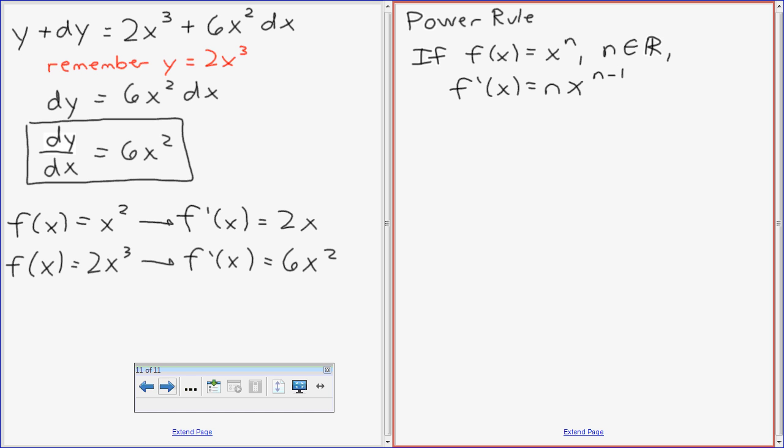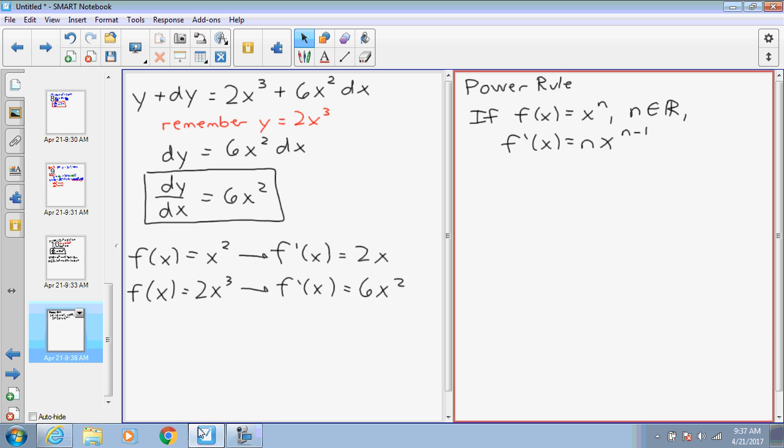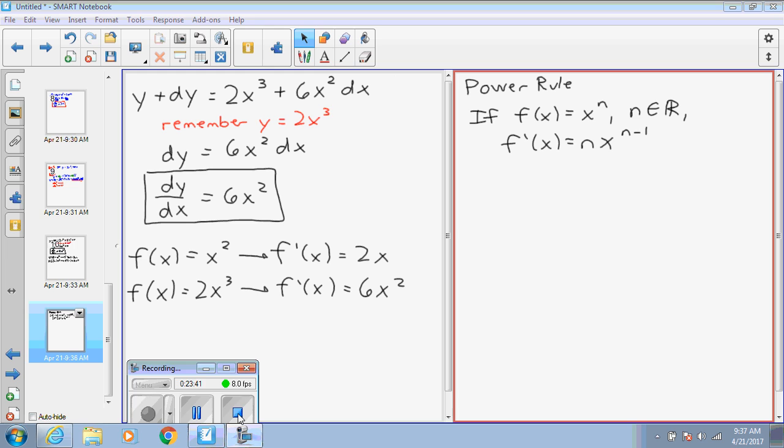We'll prove this one here in a second. Okay, but that's very powerful. While I'm pausing this, if you look at our warm-up, 5x cubed, what we did was 5 times 3 was 15, and then the power comes down from cubed to squared. All right, so this is actually really powerful.